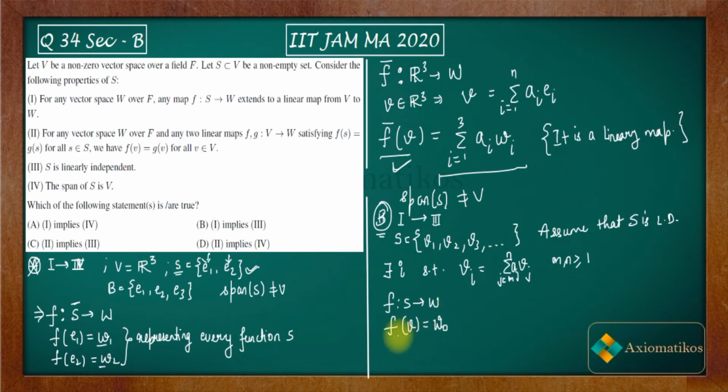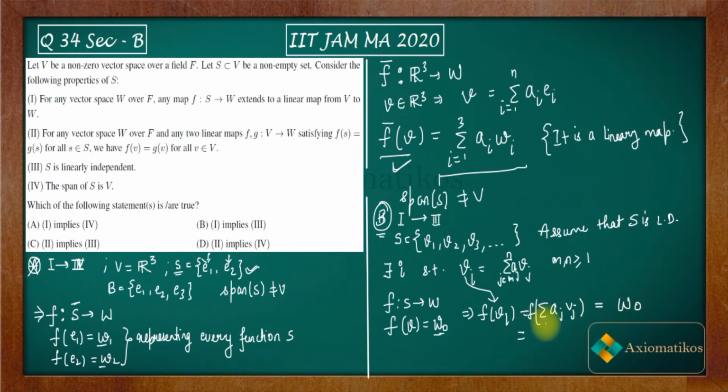Every element of S will be mapped to W naught. So the image of this element will also be W naught, and this thing is also W naught.